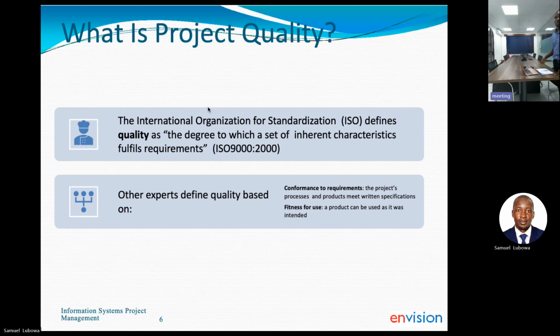They define quality as the degree to which a set of inherent characteristics fulfills requirements. The level at which the predefined characteristics fulfill the set requirements. That is according to ISO.